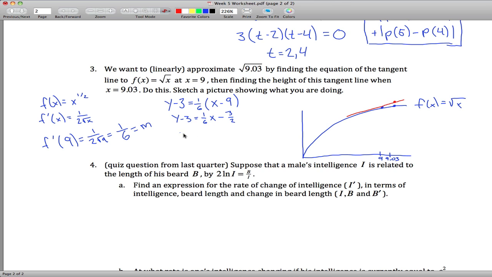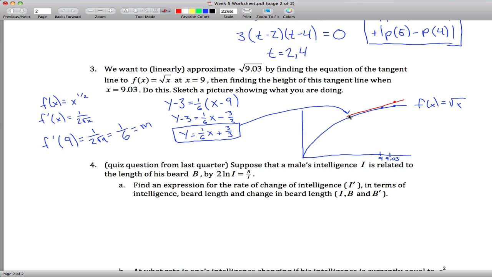And then if you add 3, you get y equals 1/6 x plus 3, which is the same as 6/2, so minus 3/2 plus 6/2 is positive 3/2. So this right here is the equation of the tangent line to this blue function at this point 9. So this is the equation of this red line right here.